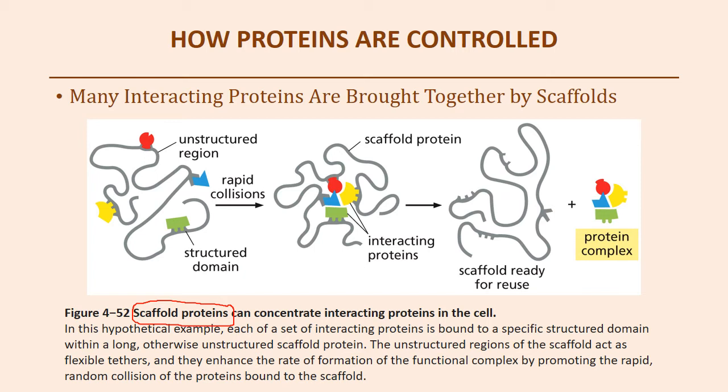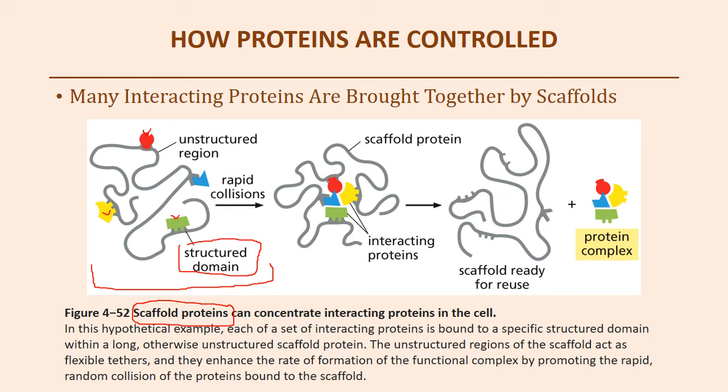So go ahead and take a look at your picture, and what we're seeing here in our first part is we have a scaffolding protein that has what we call different structure domains, which will allow it to interact with different proteins. So as you can see right here in green and in yellow and red, it's collected proteins or protein components that are compatible.